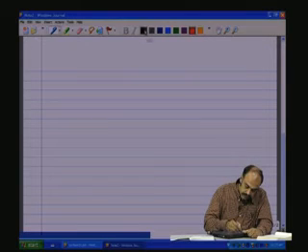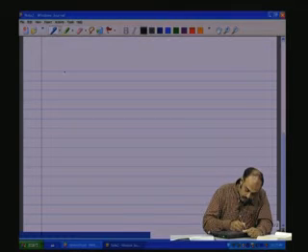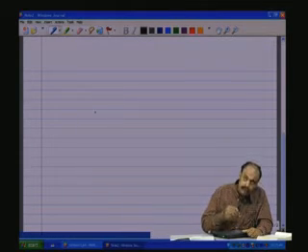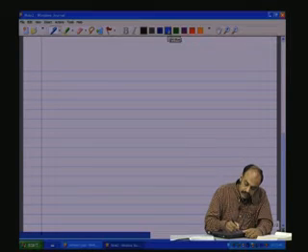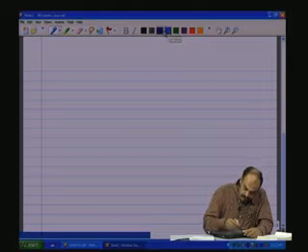So, now let us draw the waveform of IA, IB, IC. An easy way to draw a three phase waveform is as follows.